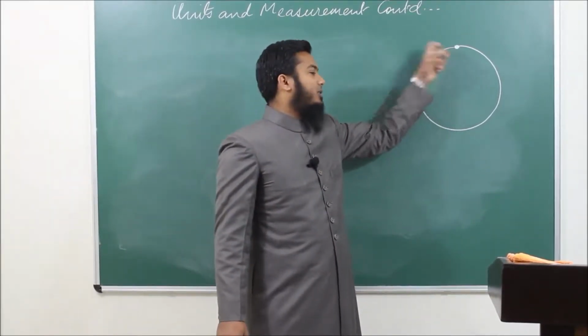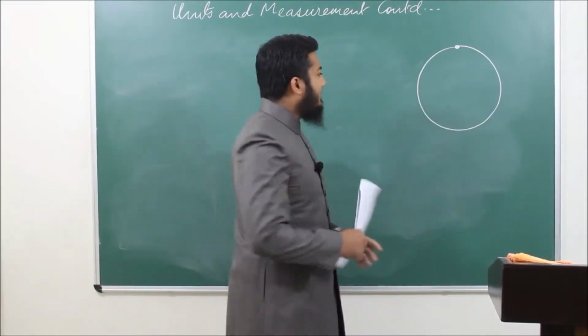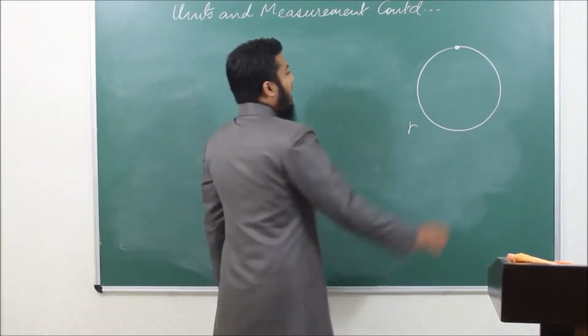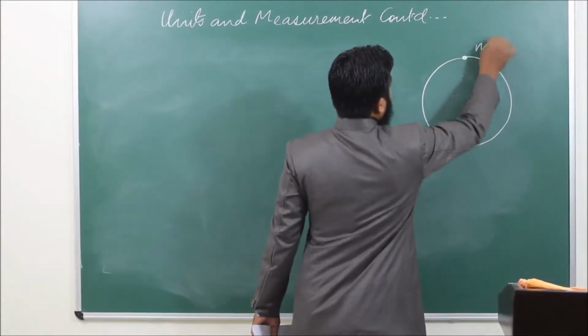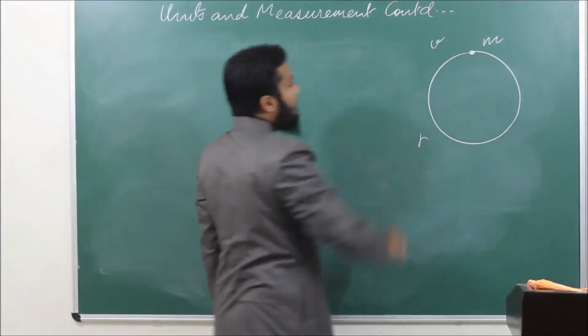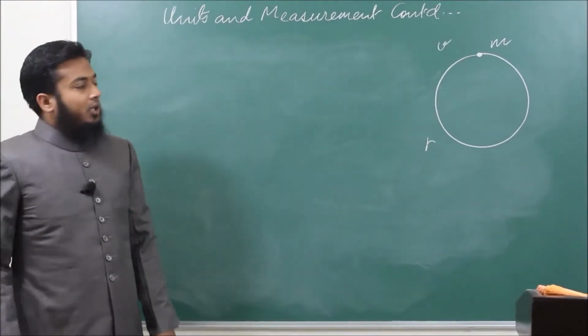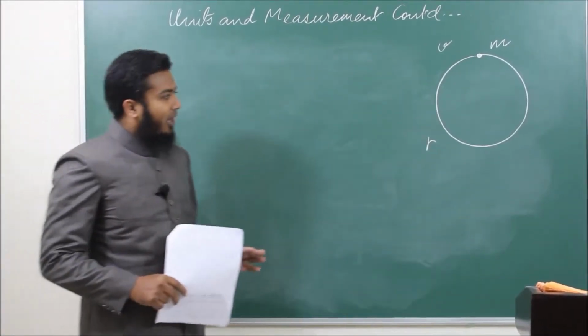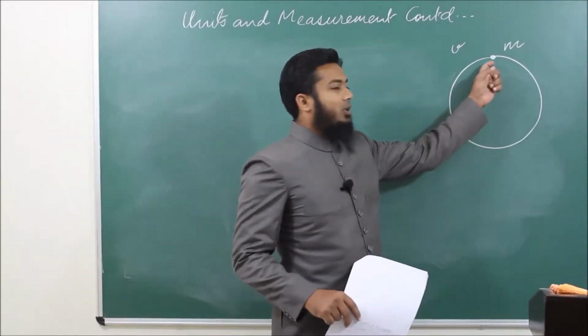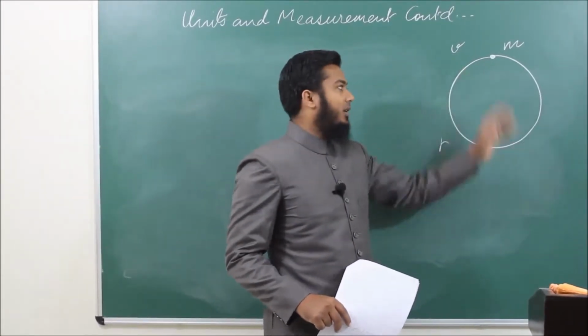So say this object is moving on this circle, and say r is the radius of the circle, and this particle has a small mass m, and it is moving on the circle with speed v. So now we have to find a formula for the force which is acting on this particle on this circle.